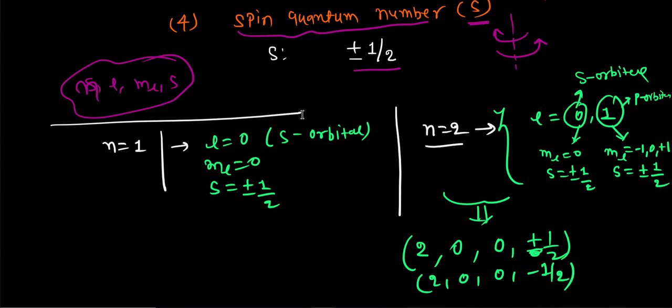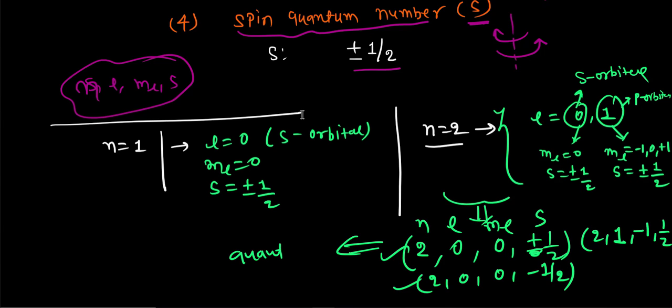Similarly, for L is equal to 1, with n is equal to 2, I am writing it as n, L, m sub L, and then S. So it can be 2, 1, then m sub L can be minus 1, S can be 1/2. Okay, so in this manner there are many possible sets. Now each set is defined as a quantum state.